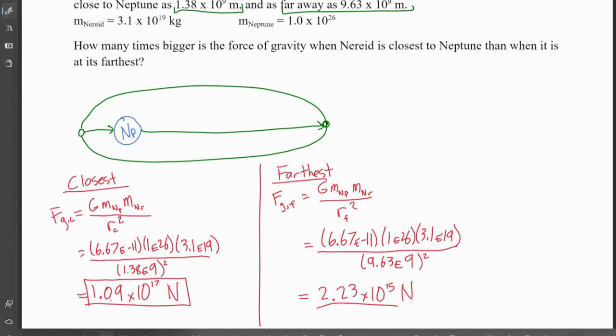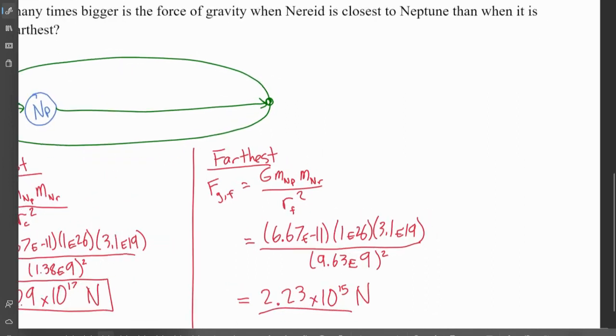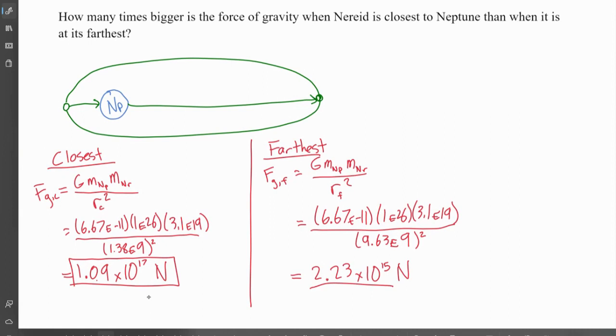So now we know the force when it's at its closest and the force when it's at its furthest. Well, I ask you, how many times bigger is the force at its closest than at the furthest? So basically we need to take the force at the closest divided by the force at the furthest. So 1.09 E17 divided by 2.23 E15.